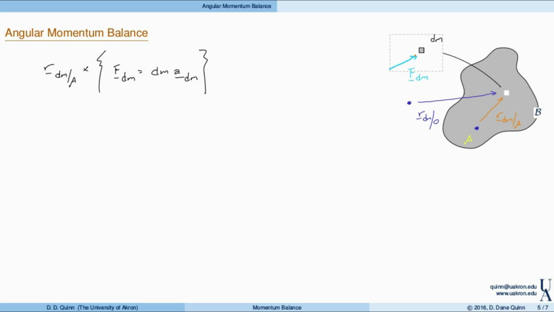And then just like before, we will write F dm, right? So we'll break the force into a component due to external effects and a component due to internal effects. Again, these are applied forces, and these are internal forces that essentially keep the object rigid. So, for example, internal stress. So we will integrate this over the body, just like we did for linear momentum balance.